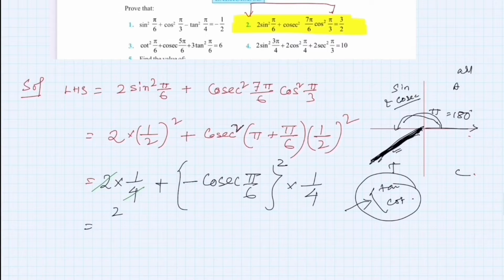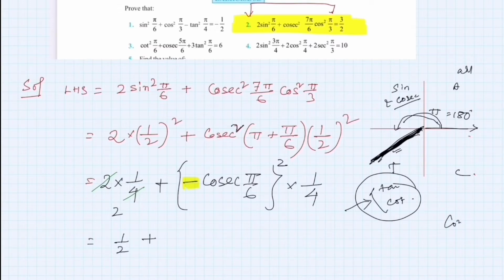Now on squaring, this minus sign will be plus, so it becomes plus cosec pi by 6.